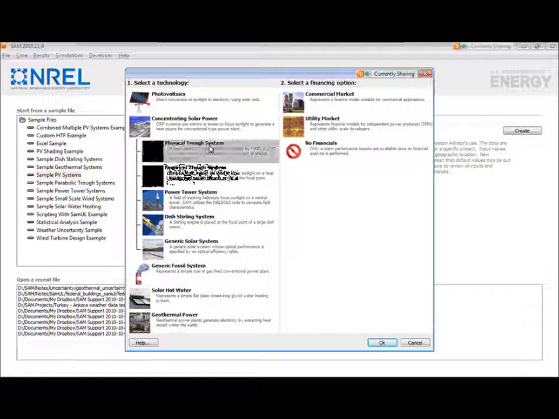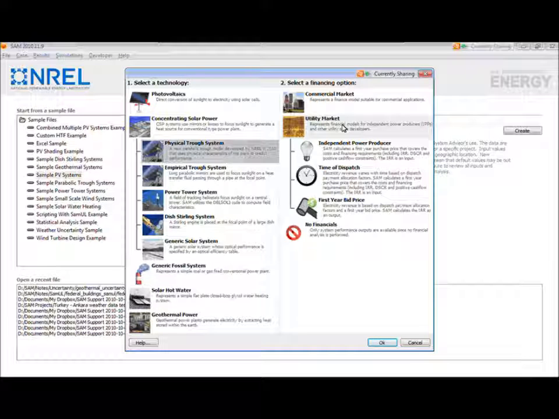Again, once I choose an option under technology, SAM displays a range of options for financing. And in this case, we're going to look at a utility scale system. So this is a power generation project. The PV system that we looked at before was a commercial project, which is a project that's on the retail side of a utility meter.